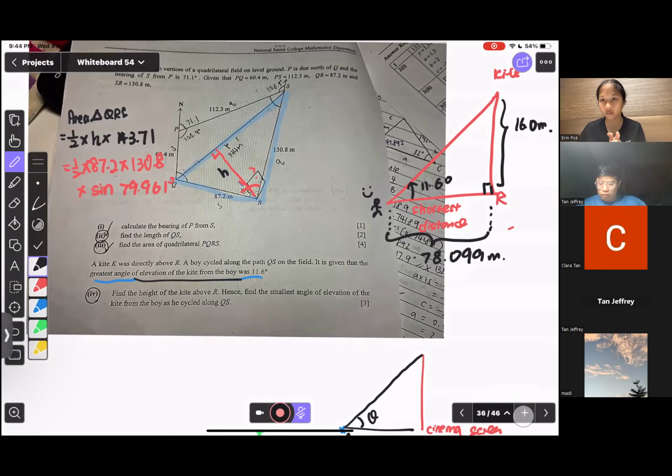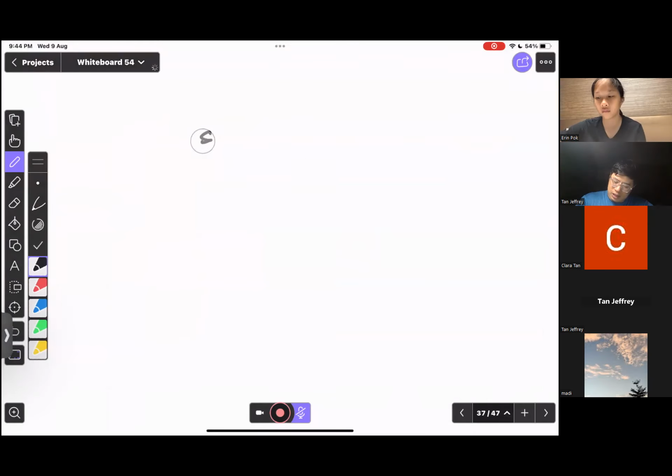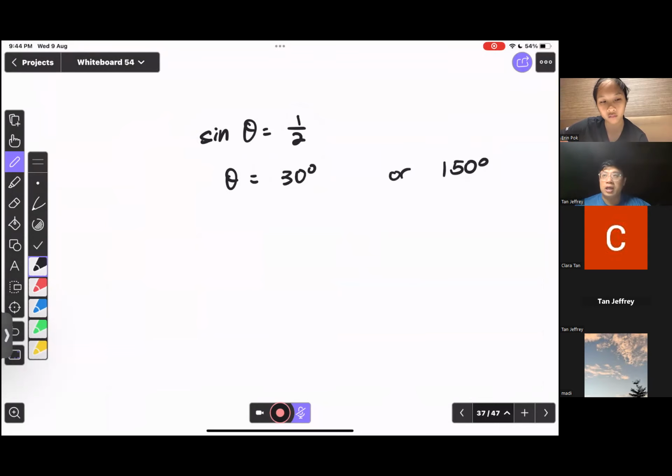You know, when for example sine theta equals half, then theta could be either 30° or 150° because of quadrant 1 and quadrant 2. The pattern is that it's either equal to alpha or equal to 180 minus alpha. Can you see these two?